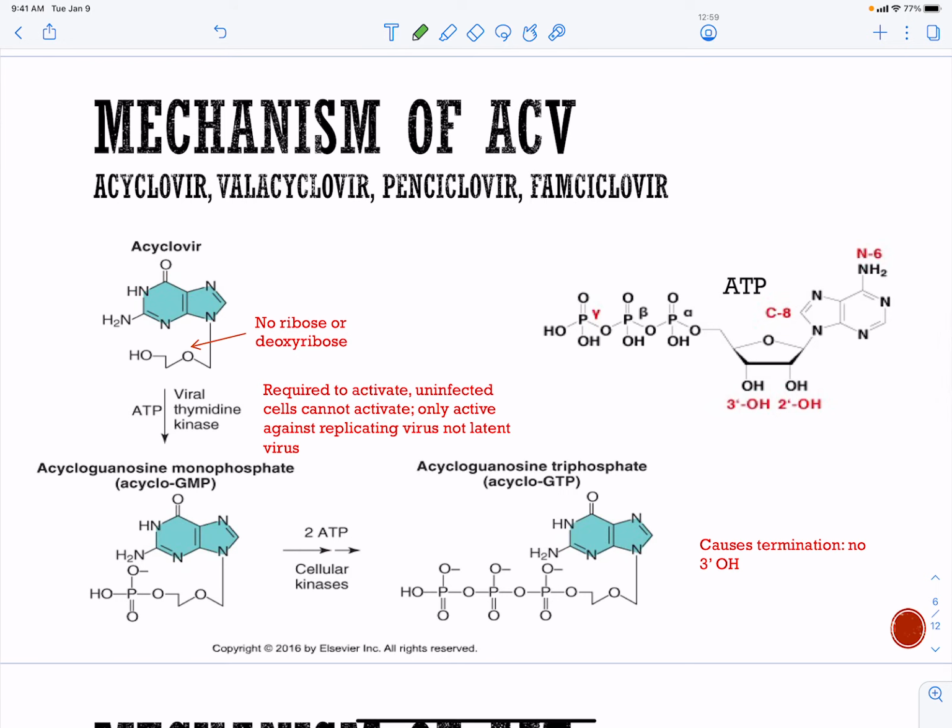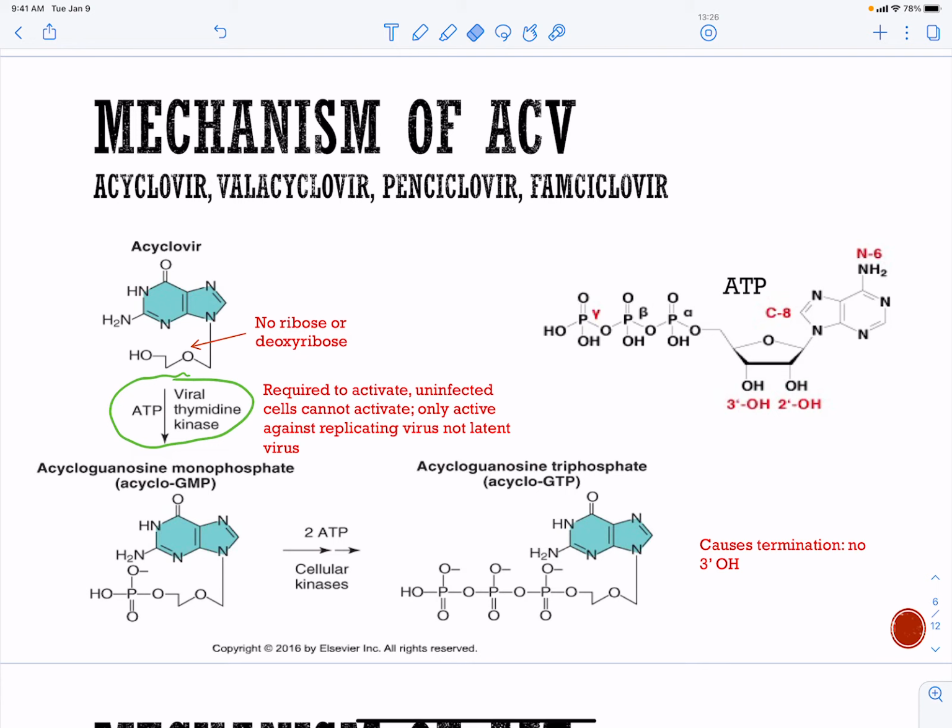So how acyclovir does this is that it requires to be activated. So the nucleoside analog of acyclovir has to be activated in the presence of a viral thymidine kinase.